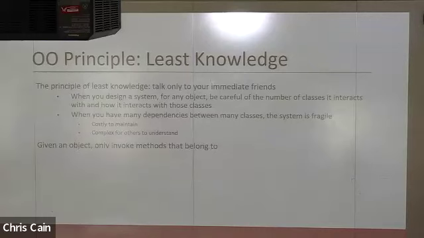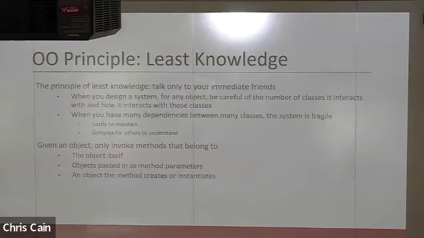So the general principle is if you have an object, you only want to call methods that are part of the object itself, part of parameters that are passed into that object, or an object that that method has created or instantiated directly itself.